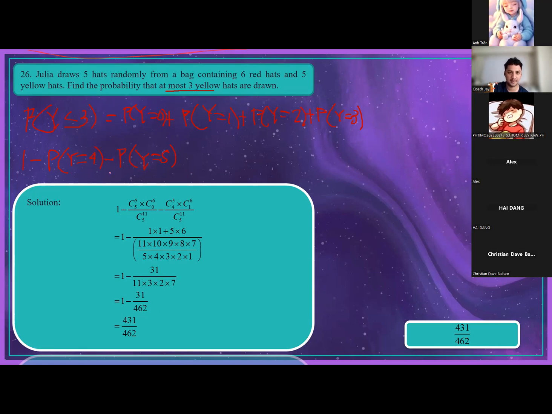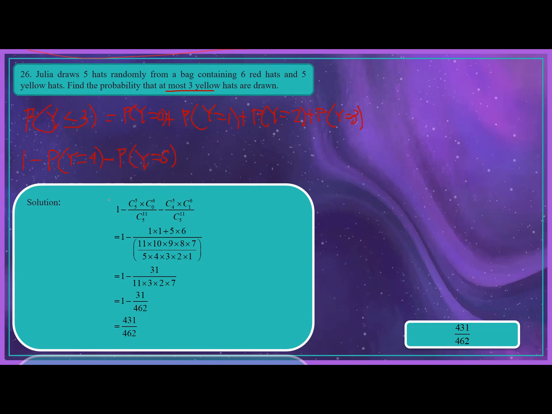Okay, so as you can see, in the solution, don't look at the solution box first. From here, this is equivalent to 1 minus when y is equal to 4.